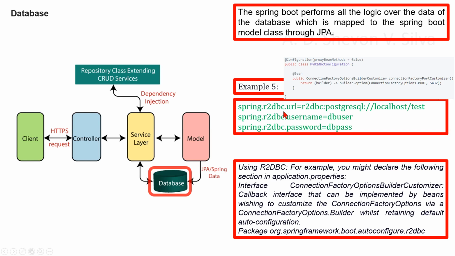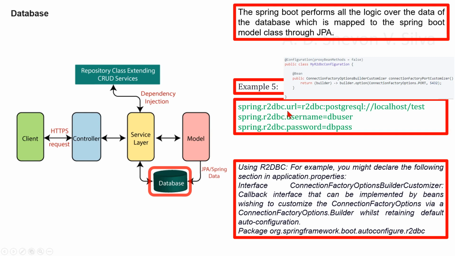Connections are provided by using a ConnectionFactory, similar to a DataSource with JDBC. ConnectionFactory configuration is controlled by external configuration properties in spring.r2dbc.*. For example, you might declare the following section in application.properties.